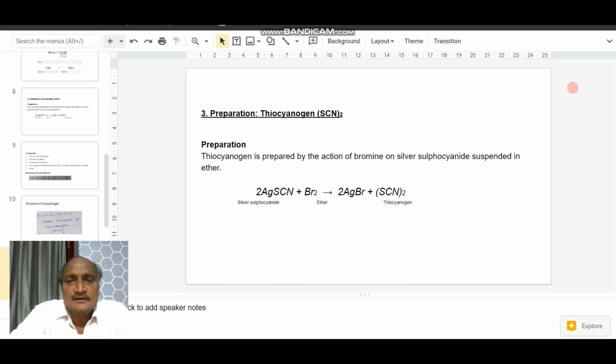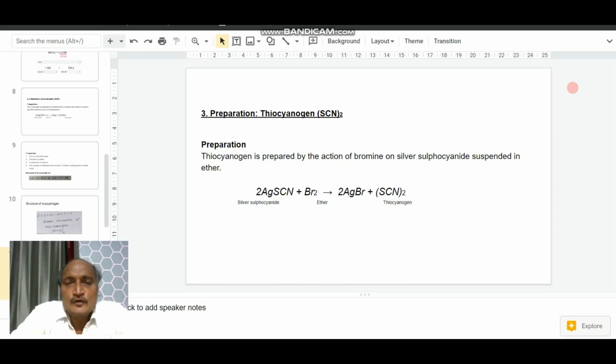Thiocyanogen is prepared by the action of bromine on silver sulfocyanide suspended in ether. That is, thiocyanogen is prepared by the action of bromine on silver sulfocyanide suspended in ether media.